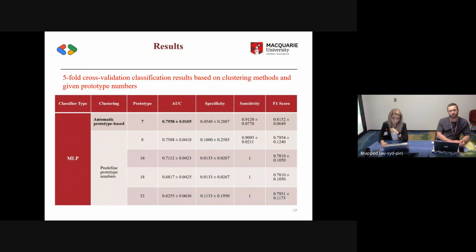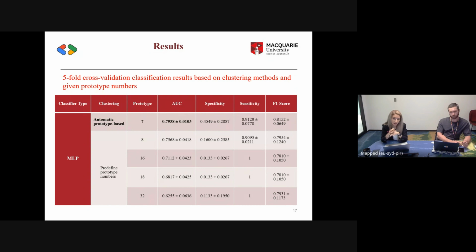In terms of the results, the 5-fold cross-validation results based on the clustering methods give us high performance when we use our optimal prototype-based model. You can see that when prototypes are increasing, I mean, when we use a predefined or arbitrary number of prototypes, the performance drops.